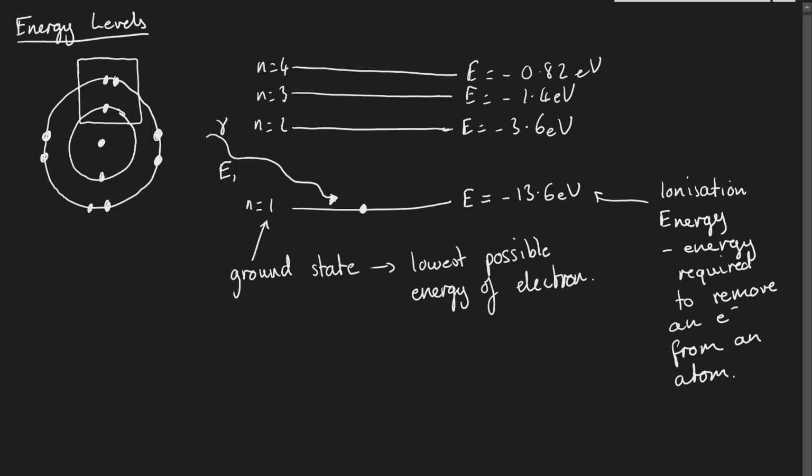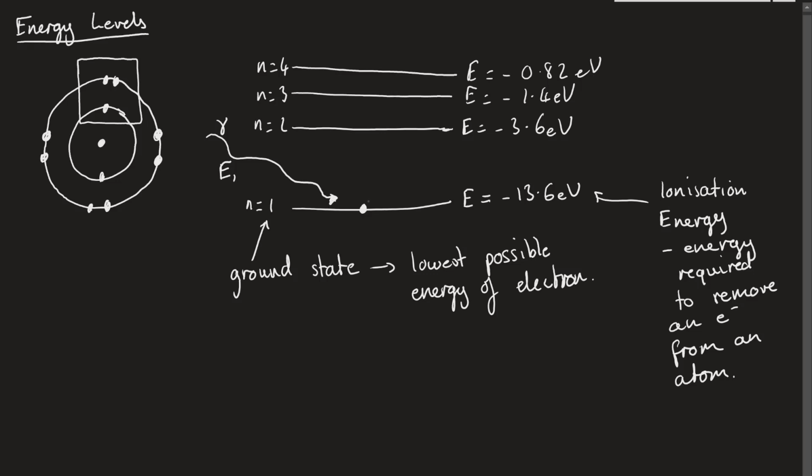Okay, in order for it to increase, the energy of this photon has to be a specific difference between these two. So if I wanted to go from the first ground state to the second energy level, I would have to put in 10 electron volts, because that's the difference between 13.6 and 3.6.